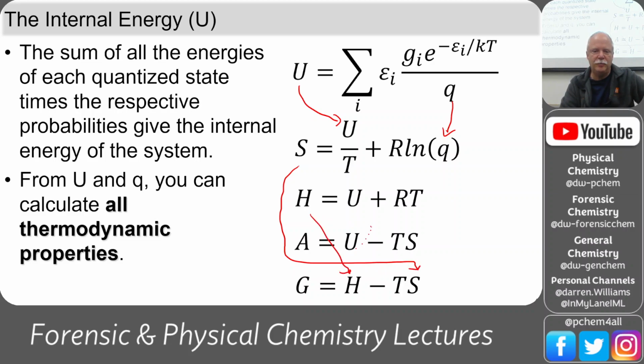And where do you get the enthalpy? Well, from U and temperature. And from the Helmholtz energy, you use the entropy to give that piece and the internal energy there. So you see how it all builds. You start with the partition function, and then you can get the internal energy, and you can work your way all the way through. So we can calculate all of these thermodynamic values.